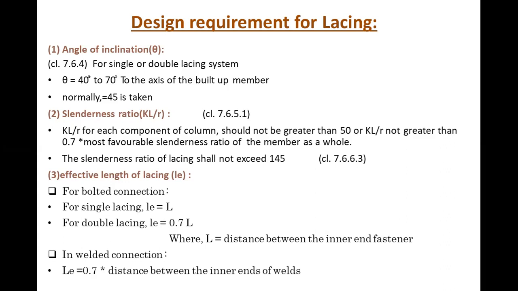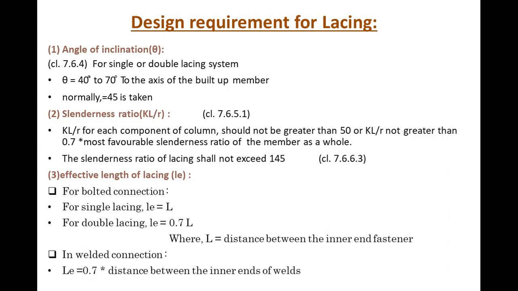Next is slenderness ratio, denoted by KL/r and given in clause 7.6.5.1. KL/r for each component of the column should not be greater than 50, or not greater than 0.7 multiplied by the most unfavorable slenderness ratio of the member as a whole. The slenderness ratio of lacing should not exceed 145, which is included in clause 7.6.6.3.